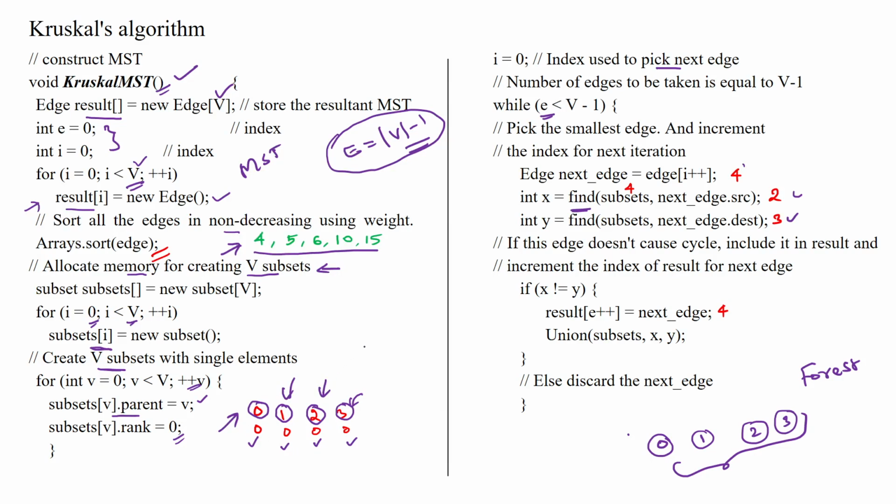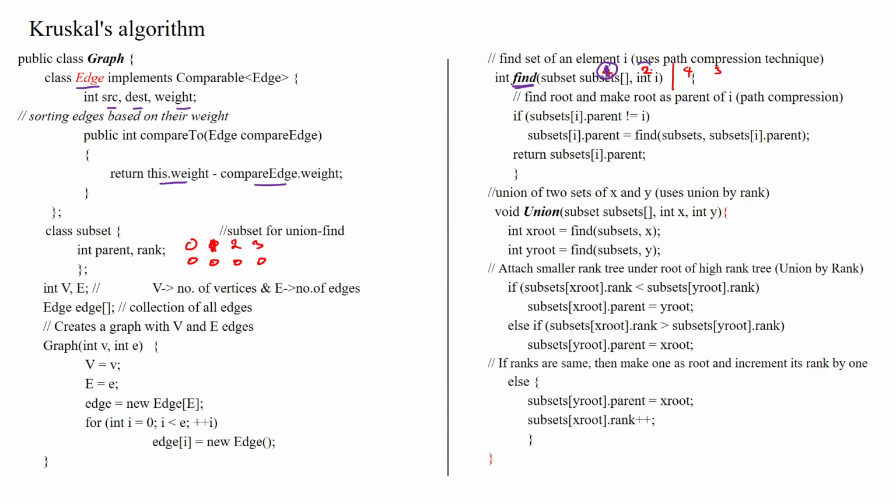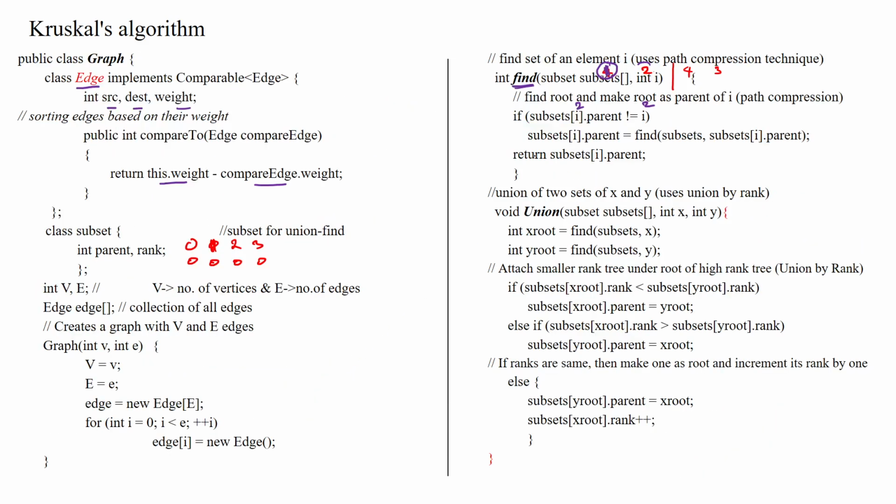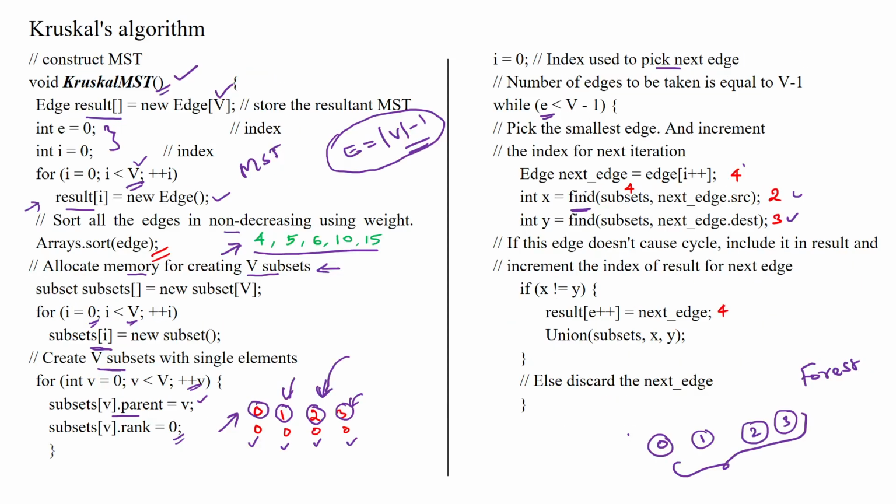Now the source passed is 2. We check whether subsets of 2 dot parent is not equal to 2, but it is false, because for 2, the 2 itself is acting as the parent. If it is false, it returns subsets of 2's parent, that is the parent. Now 2 is assigned to x.